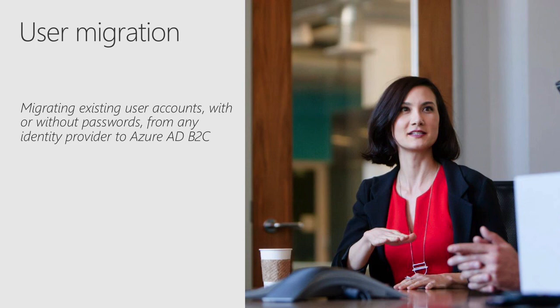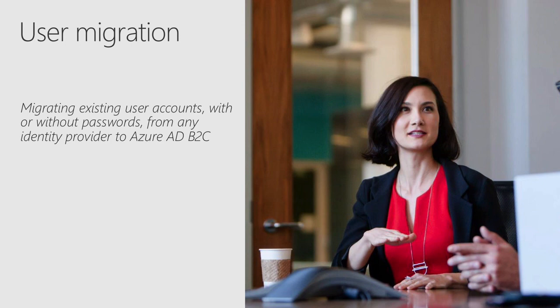So user migration, as we saw with Graph API, you can migrate users in a variety of ways. And you can combine them, or have a hybrid solution: you can migrate some of the users before, running just-in-time only for some of the users or some of the applications. It depends on the situation, the application and the identity provider that you use.